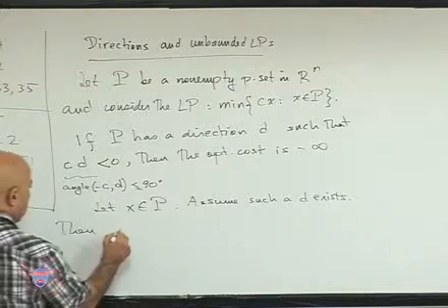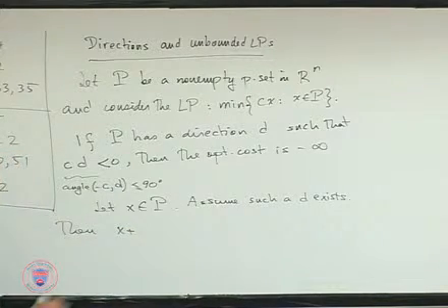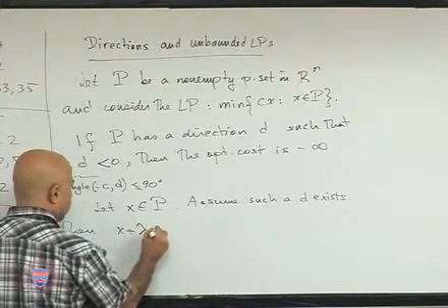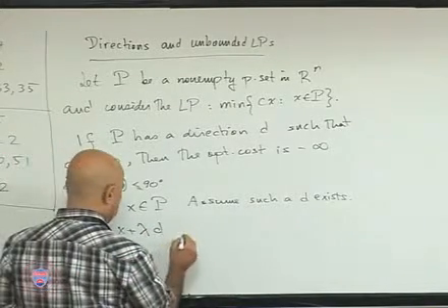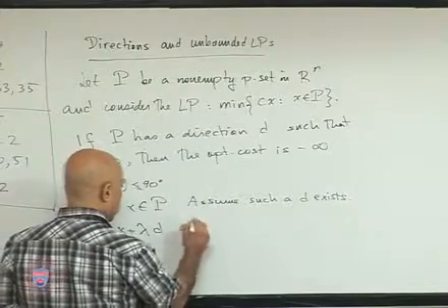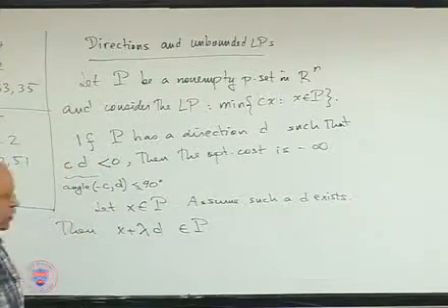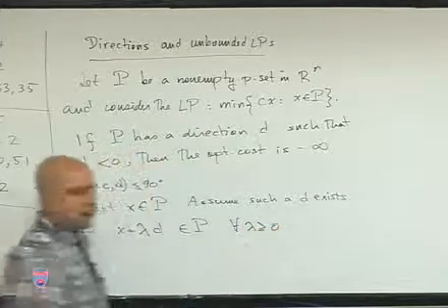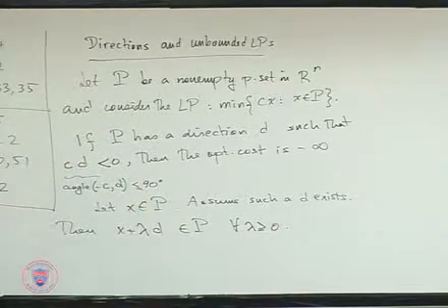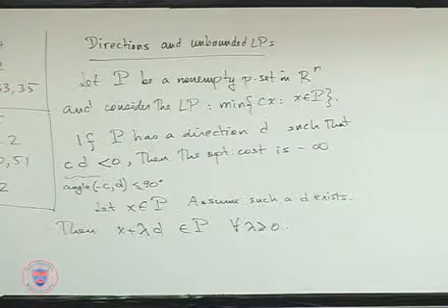Then a feasible point plus any non-negative multiple of D added to X is also feasible. So this is inside your feasible region for every choice of lambda that's non-negative.